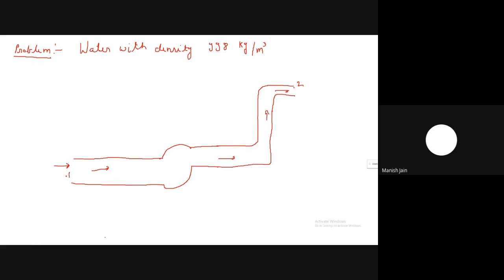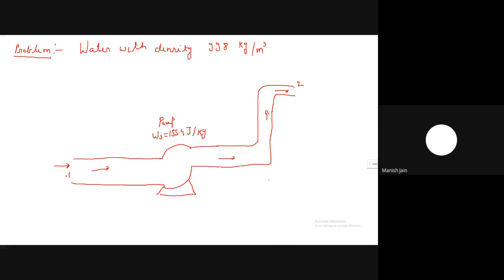This pump supplies the work or energy to the system, that is 155.4 joules per kg. This is the energy which is provided by the pump to the fluid.